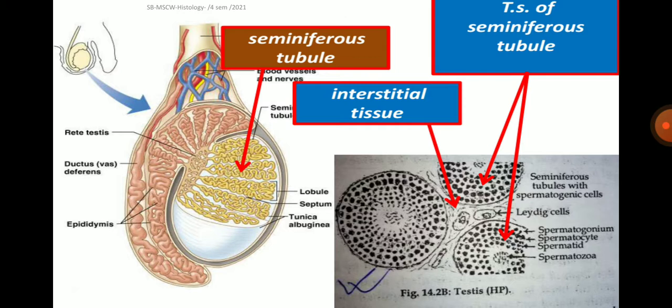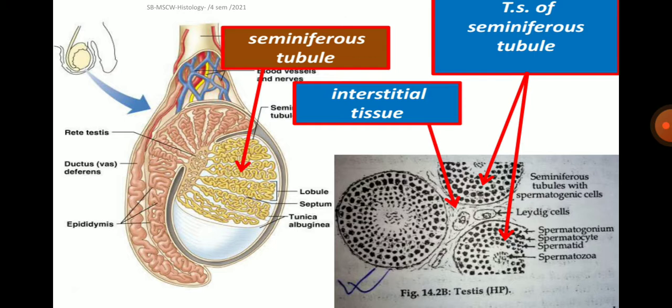The second diagram will show you the diagrammatic representation of the testis showing the middle layer called tunica albuginea. There are also septa found in between them, and there are lobules shown there, and they are called seminiferous tubules within them.